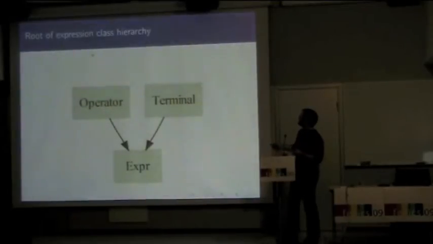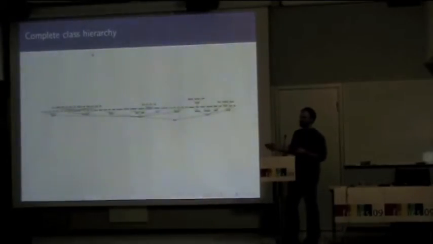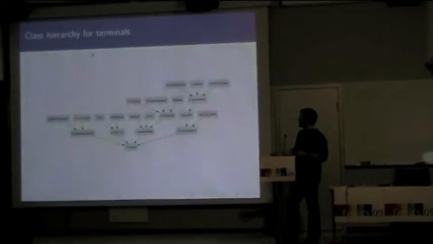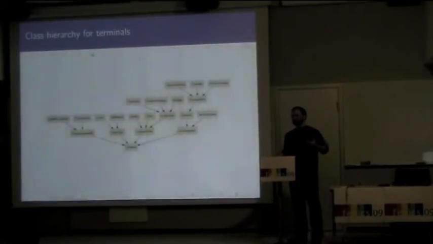And this is the class hierarchy for all the expression types in UFL. And I have scripts so you can get subtrees and see all these trees if you need to, if you want to get an overview of the structure of the code.